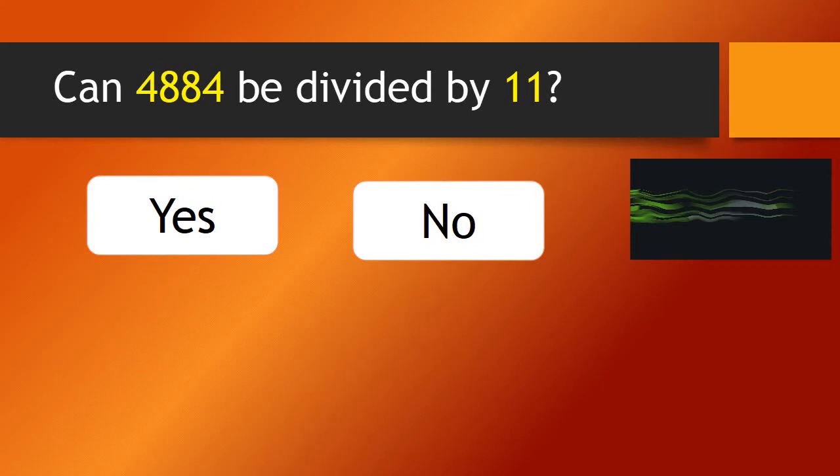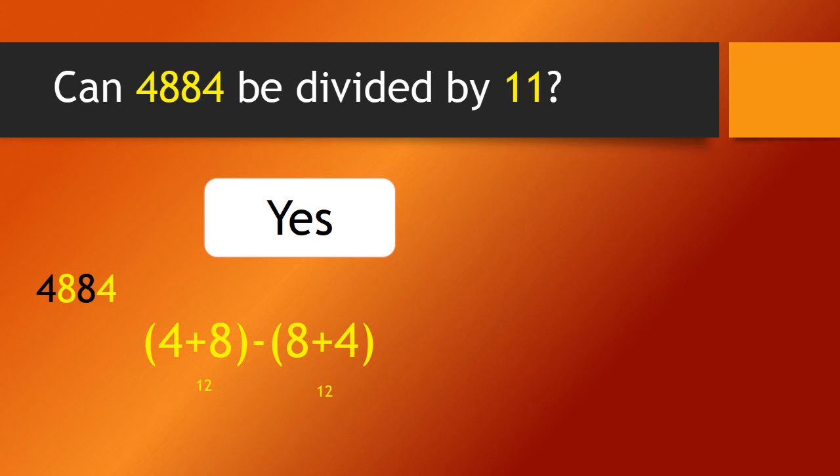Can 4,884 be divided by 11? Yes or no? And the answer is yes. Because 4 plus 8 for the even places and 4 plus 8 for the odd places is the same.